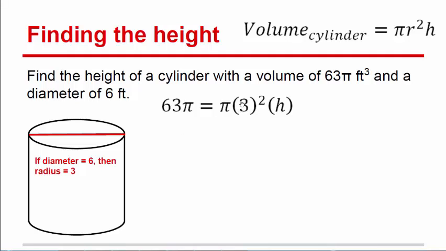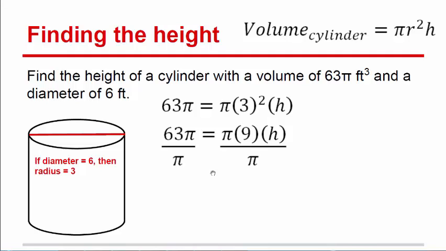Now we're going to square the 3 and we get 9. So we have 63 pi equals pi 9 times height. Note that we've got pi's on both sides. If we divide both sides by pi, these would cancel out, and our pi's would go away, leaving us with 63 equals 9 times h.